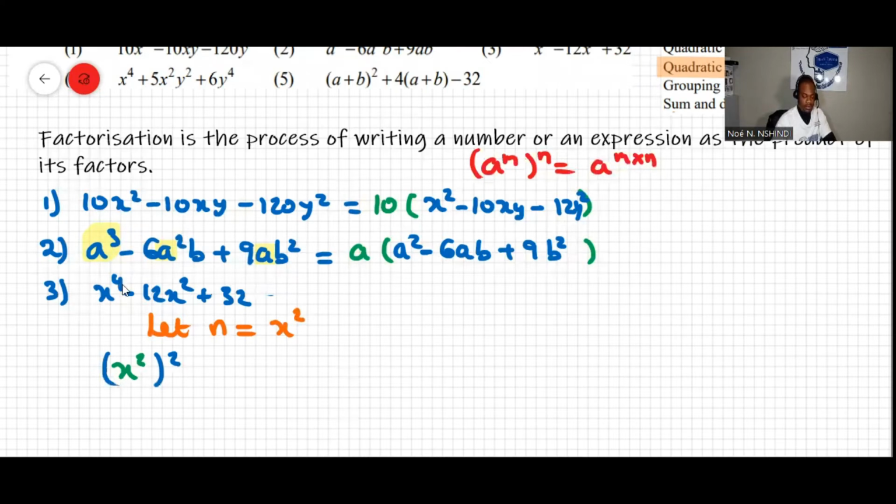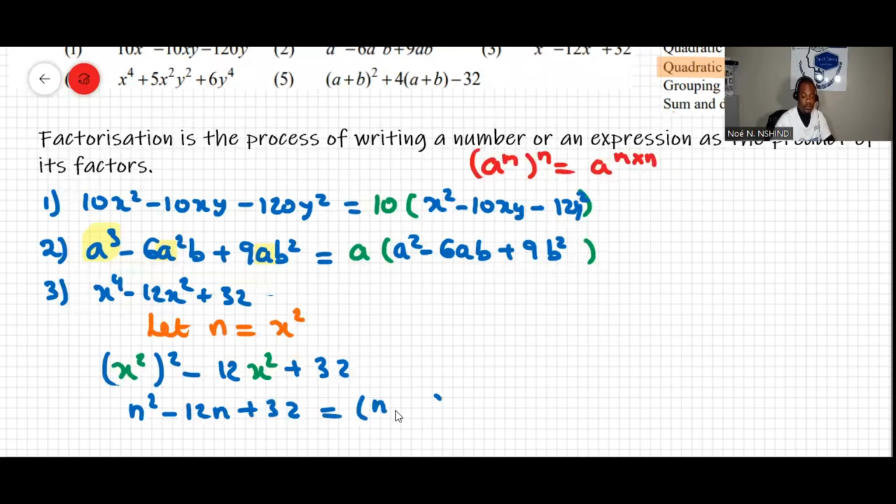And then minus 12x squared plus 32. Now, because we let n be equal to x squared, we can substitute the value of x squared. It's going to be n squared minus 12n plus 32. From here, we can factorize this, and I'll put n.